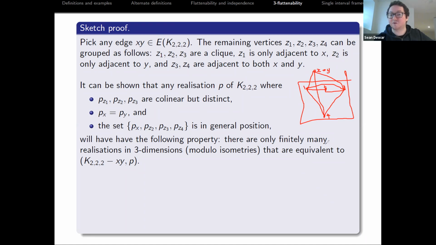And so this is just a 3-dimensional 0 extension to add the X. And the Y is the same, but we join it to Z2 instead of Z1. So what we've taken is 3 collinear points that are all connected, so this is rigid, and added an extra vertex connected to the endpoint, so this is still rigid.